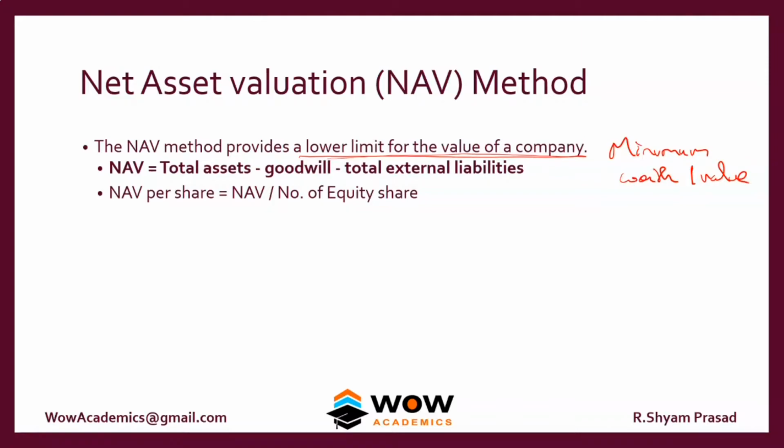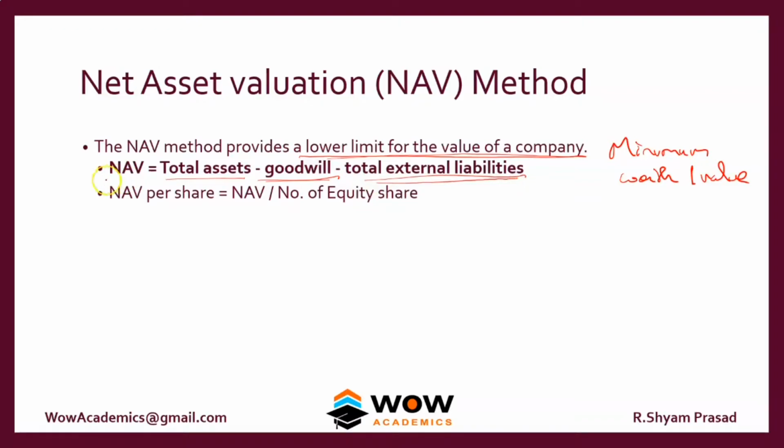So the formula works like this: NAV equals total assets minus the goodwill and minus total external liabilities. So you take all the assets of your company and reduce goodwill. Why do we reduce goodwill? Goodwill is a fictitious asset, so it is not an asset at all. And minus all the liabilities in your company.